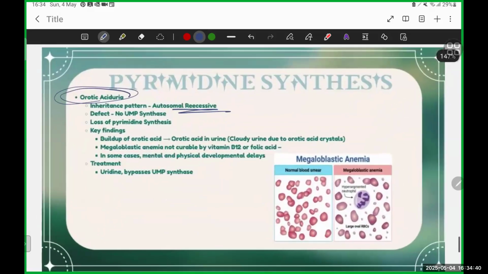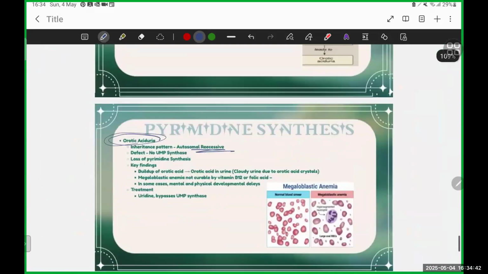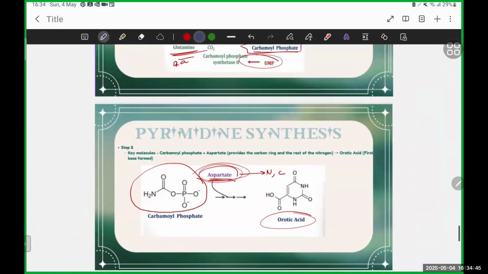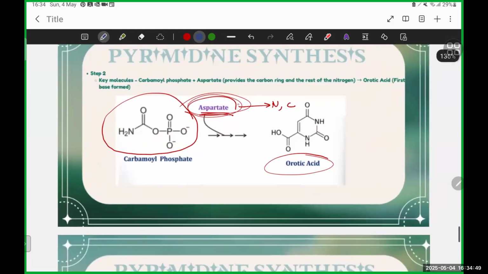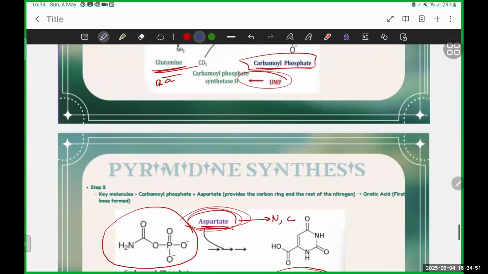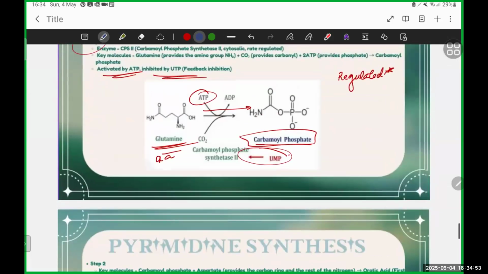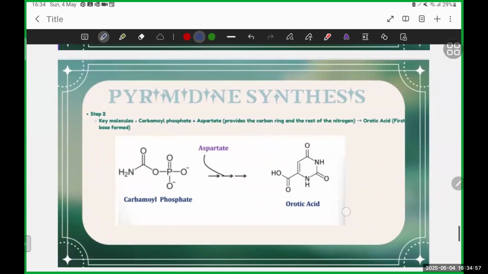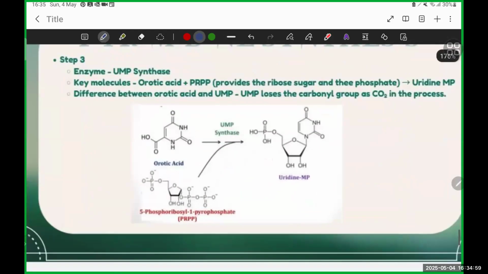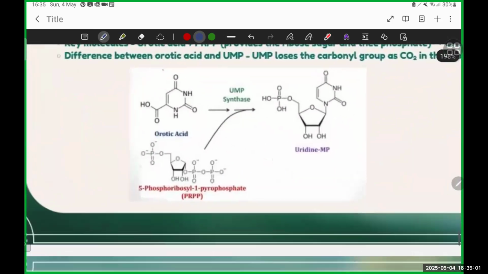Because the UMP synthase enzyme doesn't work, right? Wait, let me, yeah, here. Okay, there you go.